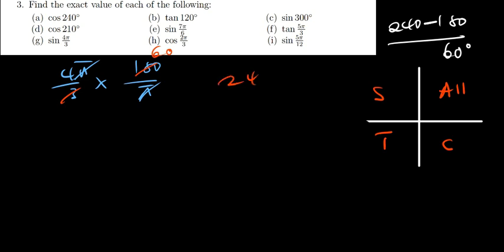So this is not going to change. 240 here, we said this one. So it's going to be 240 minus 180, which is going to give 60 as well. So we are again finding sine 60, which is going to be, so go ahead and find that.